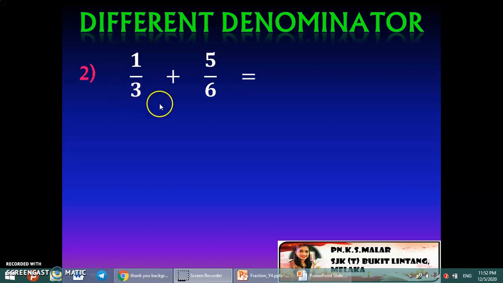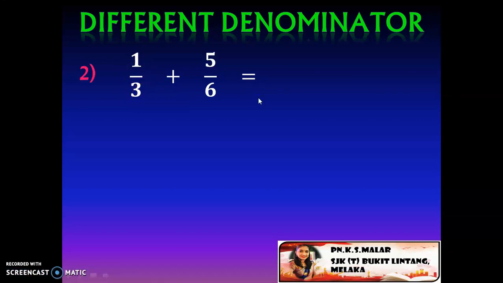To change the 3, we must multiply the denominator and the numerator by the same number. 3 times what is 6? Yes, it's times 2. When we multiply the denominator by 2, of course, we must multiply the numerator by 2.